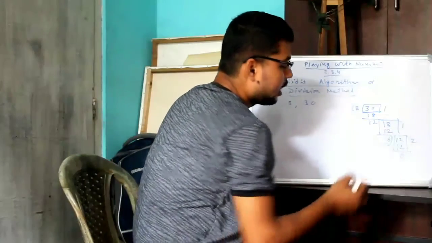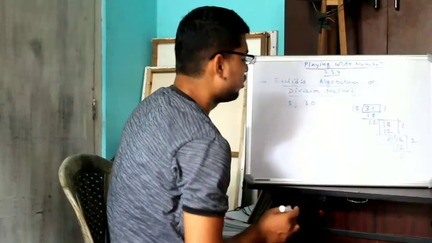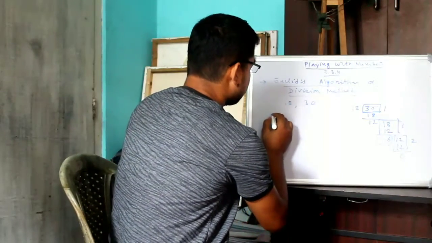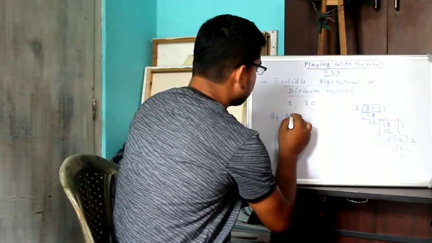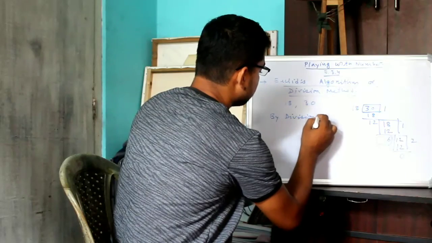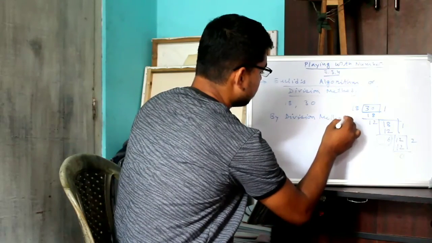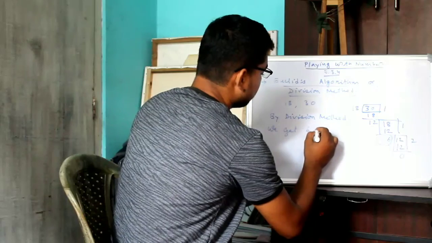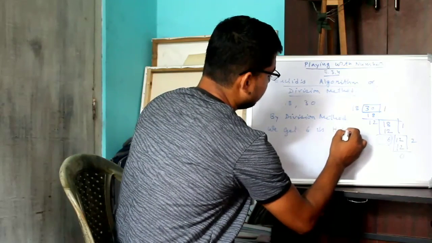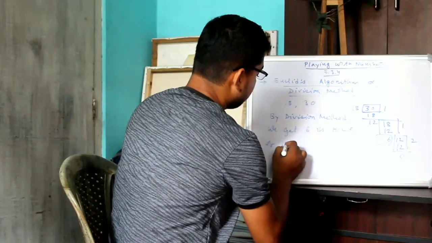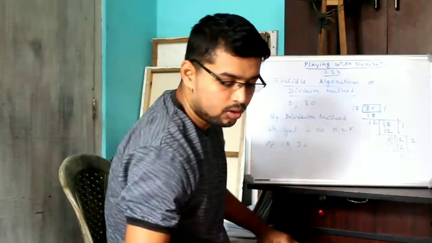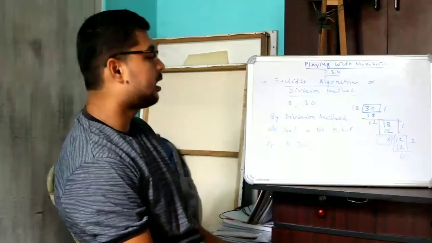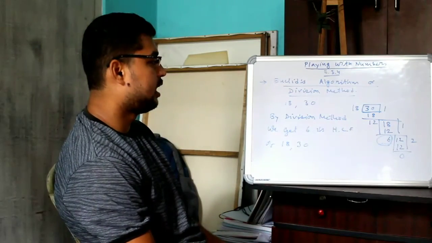So 6 is the HCF of 18 and 30. So by the division method we get 6 as the HCF of 18 and 30. For two numbers you can find the HCF by division.